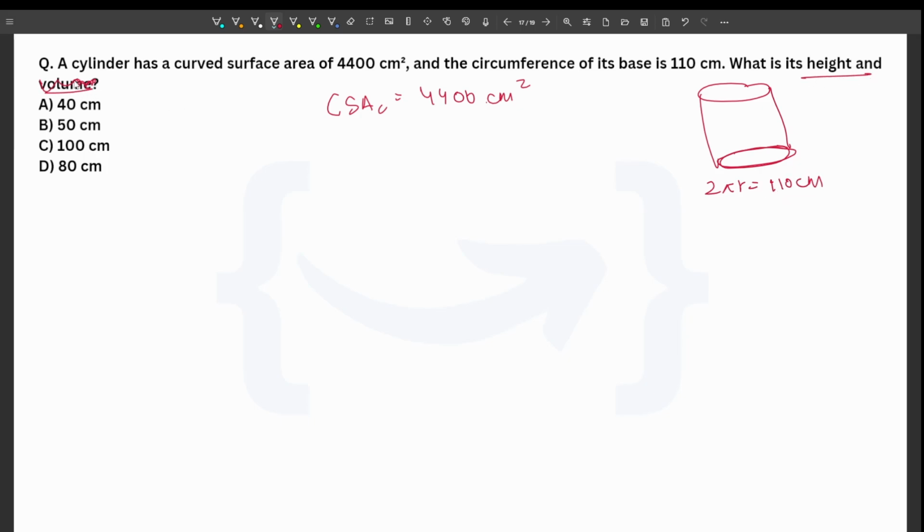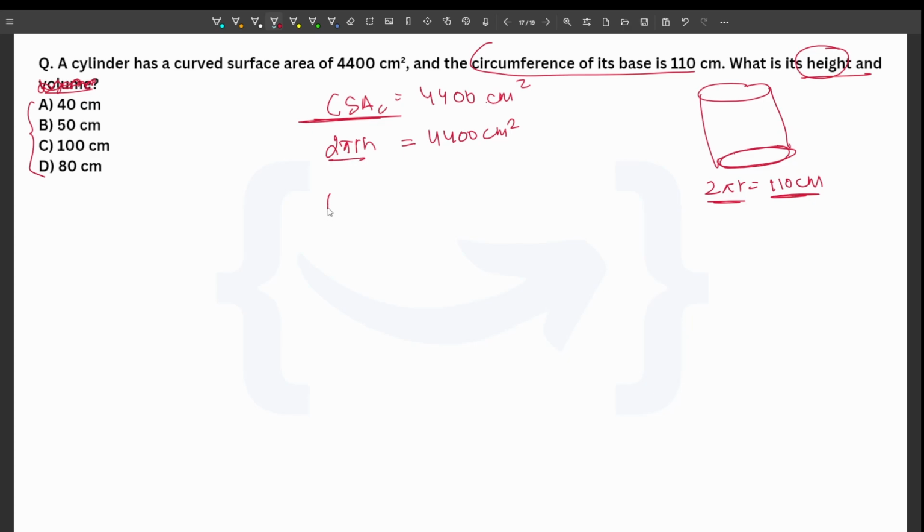Please don't calculate the volume because it is not possible. Just figure out the height, and we have options related to height only. This is a small mistake in this question. So the curved surface area of cylinder is 2 pi r h, which is 4,400 centimeter square. I can see the 2 pi r value is 110 centimeter as per the question itself.